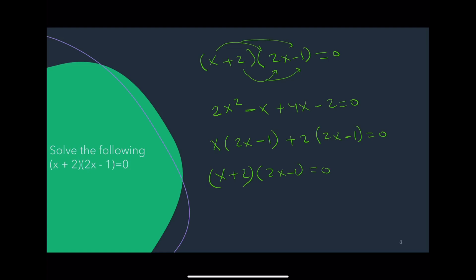From this equation, you know that either x plus 2 equals 0 or 2x minus 1 equals 0. That means x could be minus 2, or 2x equals 1, that means x equals half.